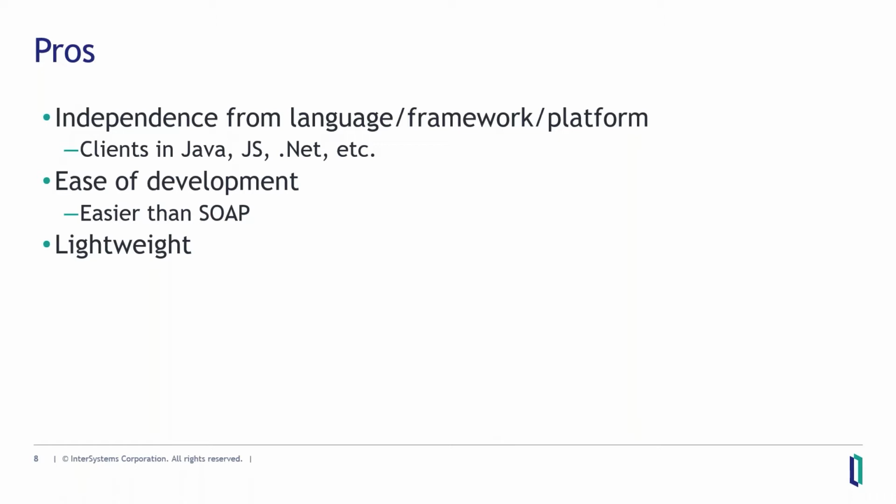There are clients which can consume a REST API available for about any language possible. Java, JavaScript, .NET, anything can consume REST. REST is easy to develop, at least it's easy to develop and solve. And it's lightweight.